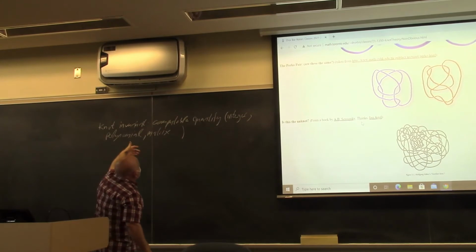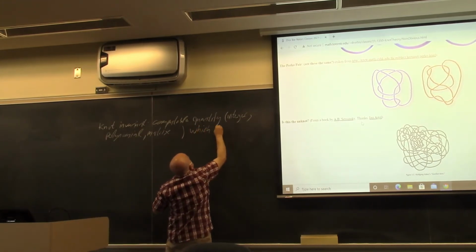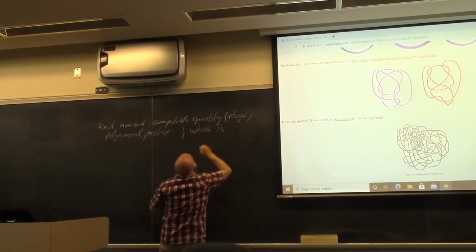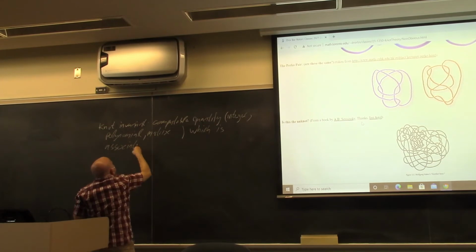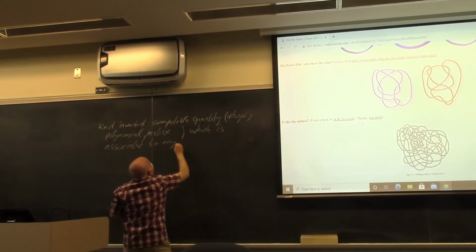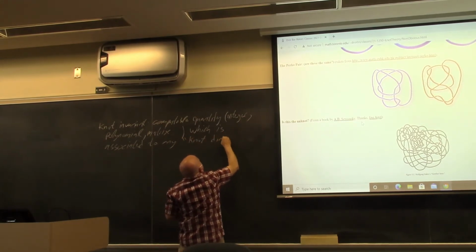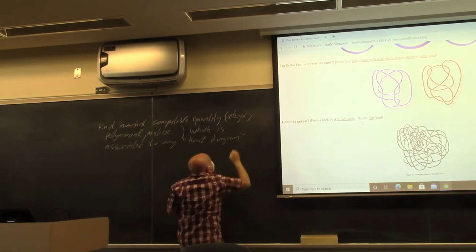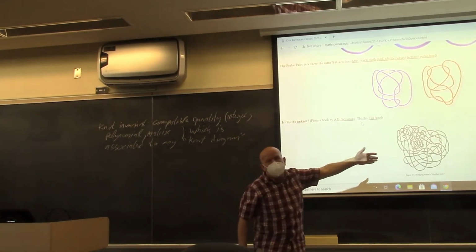So it's a computable quantity which is associated to, or which can be computed from, any so-called knot diagram. So what's a knot diagram? A knot diagram is a projection of the knot to the plane.